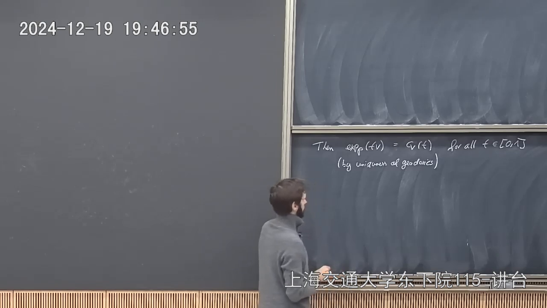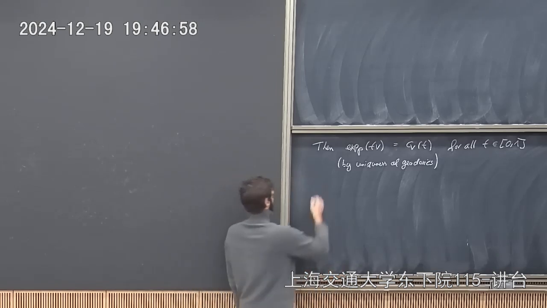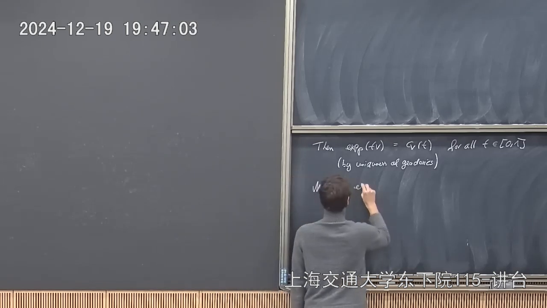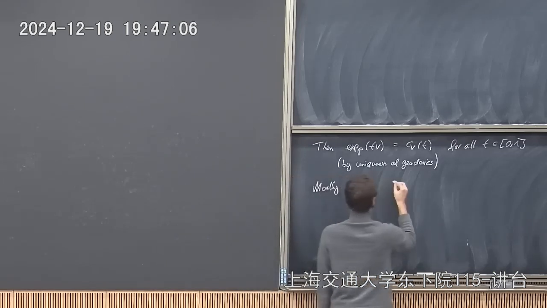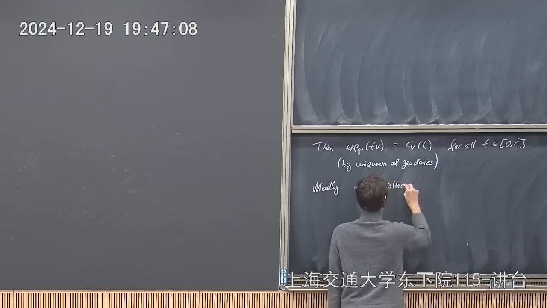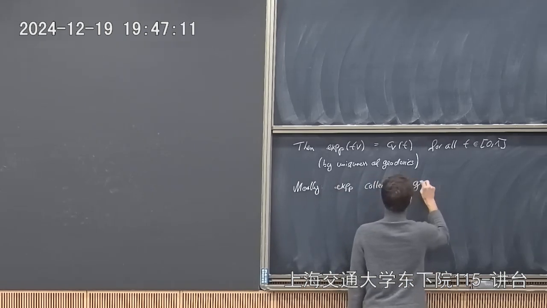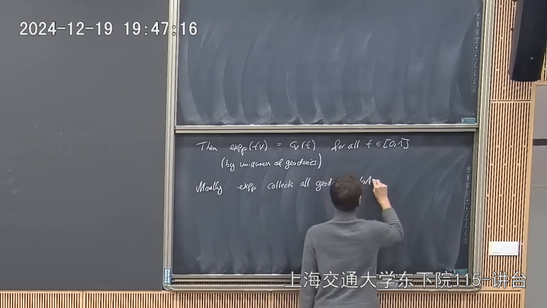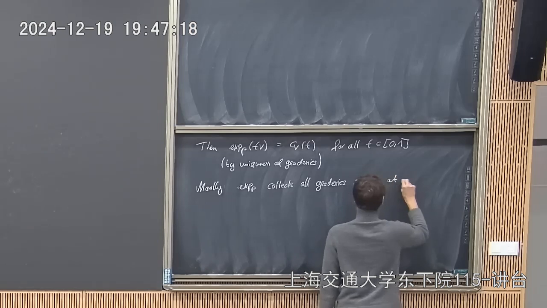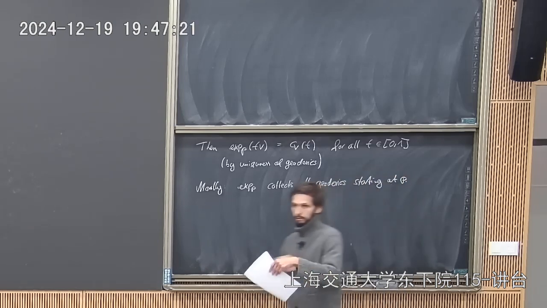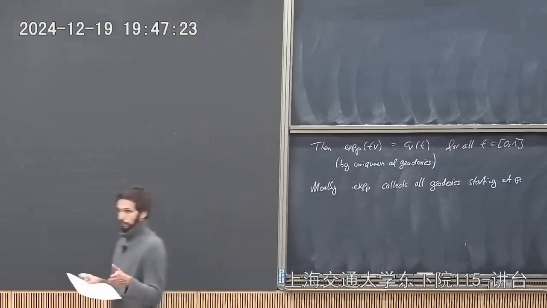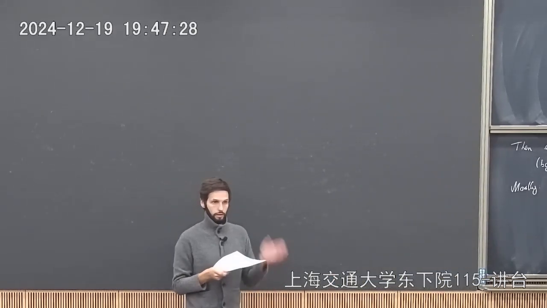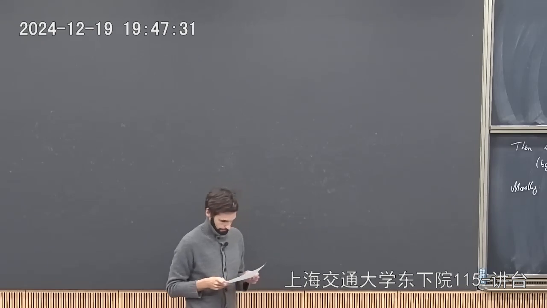So you can think of that, morally speaking, as the exponential of P collects all geodesics starting at P. At least locally, you always have a geodesic that starts in a certain direction, and then you just follow it in this direction using the geodesic.